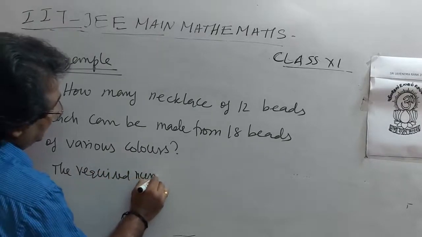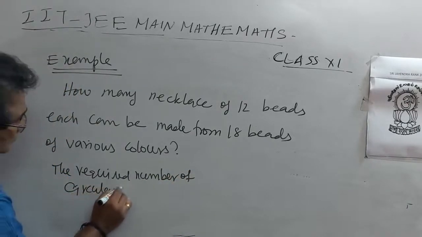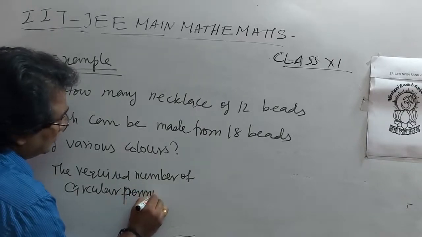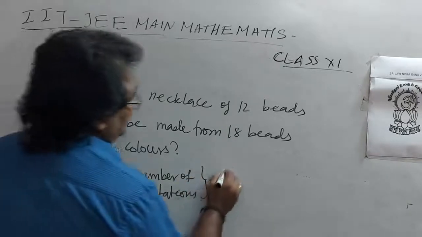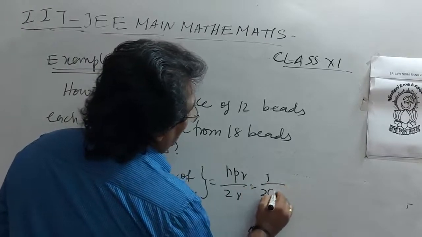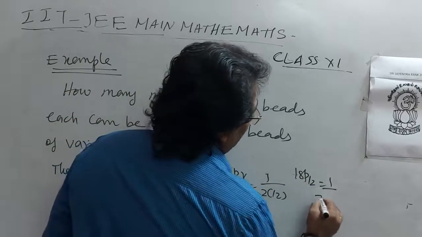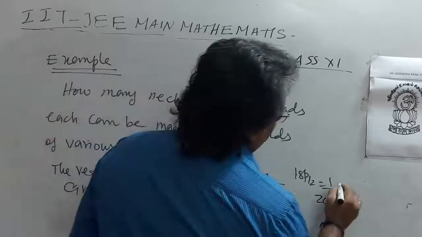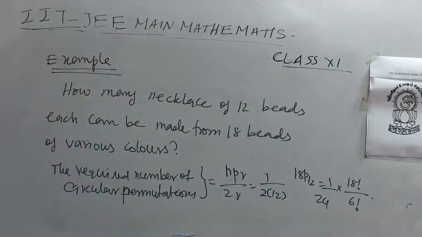The required number equals nPr by 2r, with r equal to 12, so 18P12 by 24, that is 1 by 24 into 18 factorial by 6 factorial, since 18 minus 12 is 6 factorial.